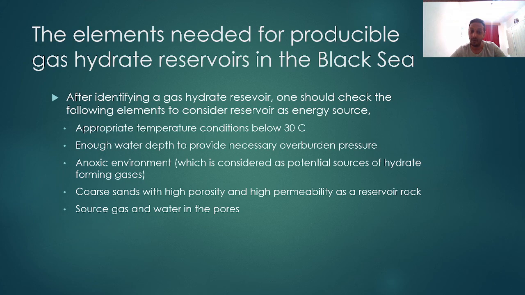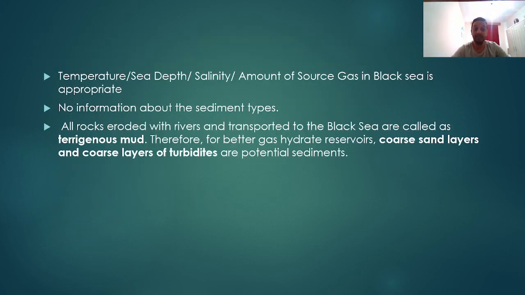Coarse sands with high porosity. This is a very important condition. Coarse sediments are very important in order to have gas hydrate, and high permeability as a reservoir rock. Also source gas and water in the pores. Temperature, deep sea depth, salinity, and amount of source gas in the Black Sea are appropriate, but there is no information about the sediment type.